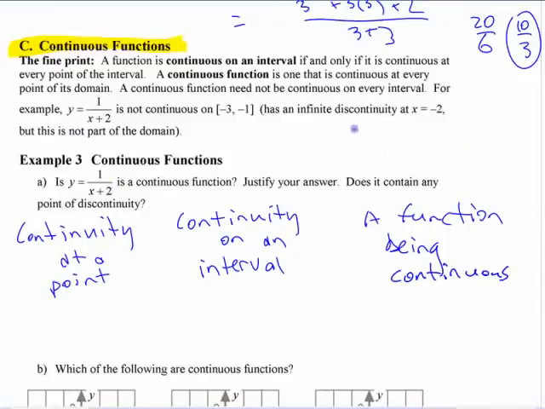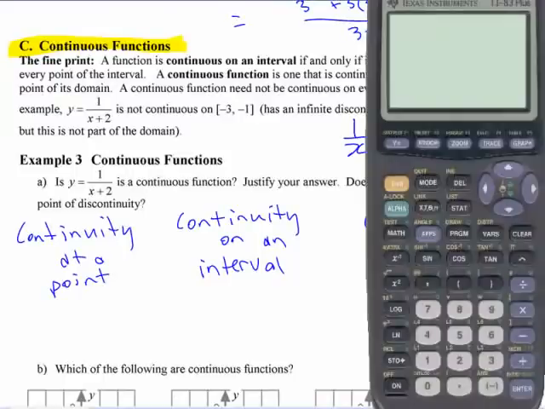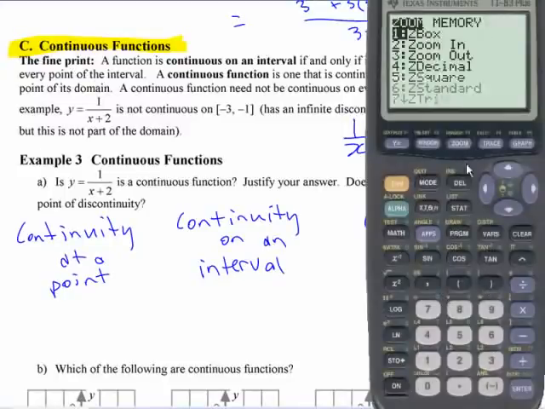If you graph that, I'm not sure if you know what that graph looks like. If you know what the graph of 1 over x looks like, you know what the graph of 1 over x plus 2 looks like. If you don't, you can put it on your calculator pretty easily. As long as you put the brackets there, 1 divided by (x plus 2), it's just 1 over x but shifted 2 to the left.